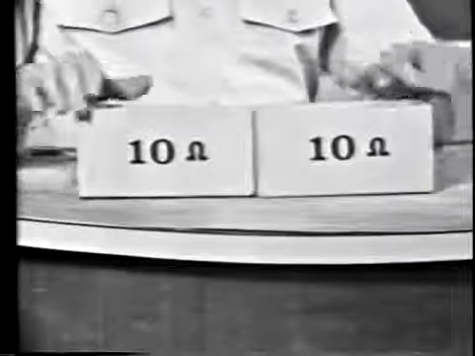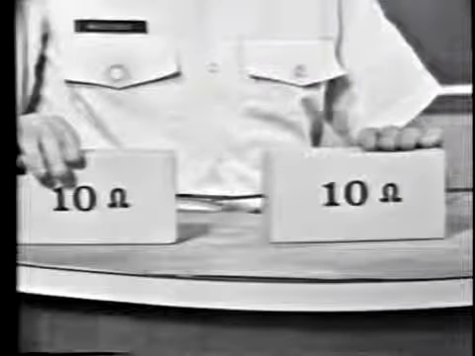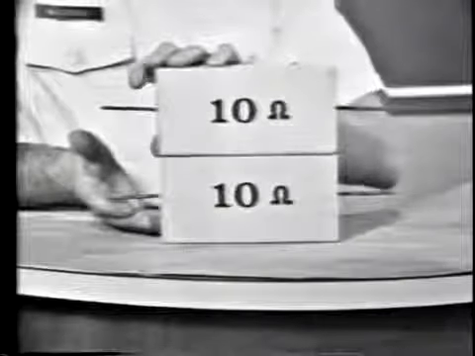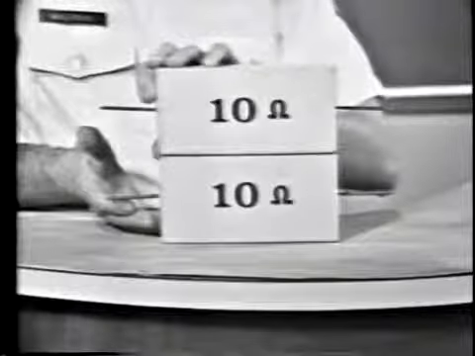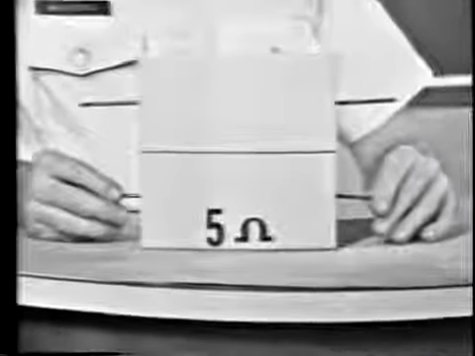We also learned that resistance is inversely proportional to cross-sectional area. If I place the resistors like this, I've doubled the cross-sectional area of the material. This decreases resistance by 1/2. So we now have only 5 ohms of resistance.